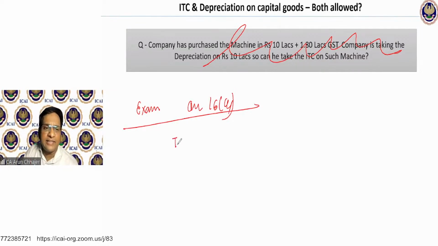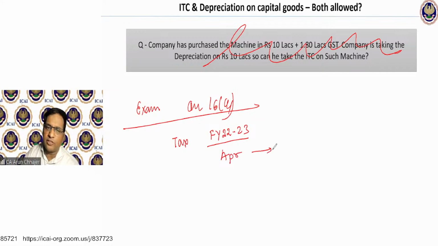I have raised a tax invoice in, let's say, financial year 22-23. In April 22, I have raised the tax invoice for rupees 1 lakh and I have charged the tax at 5%.